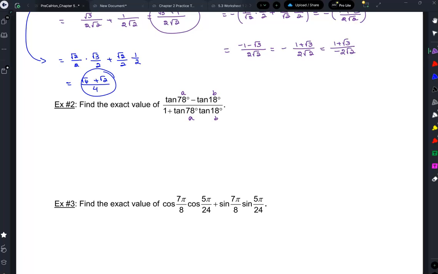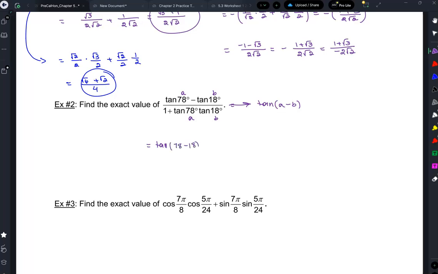So now, is this tangent A plus B or A minus B? It's minus, because I know that transfers from here, right? So that whole mess, numerator and denominator together, is just tangent.